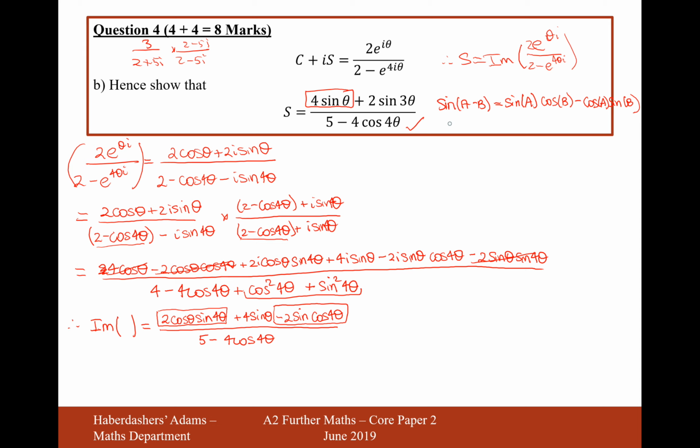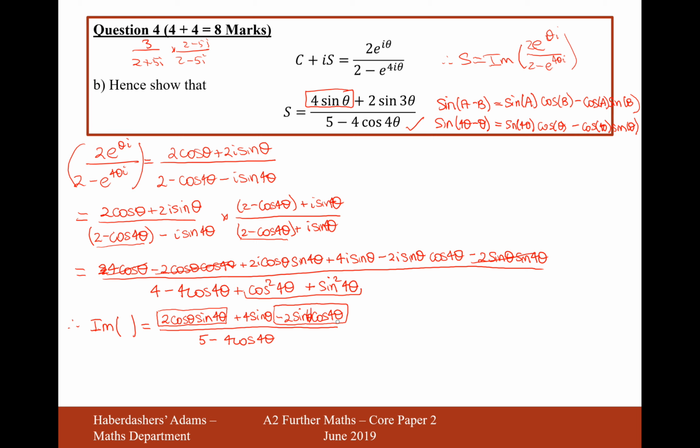So sine 4 theta cos theta minus cos 4 theta sine theta. And that does make sense because at the back here, I've dropped the sine theta.